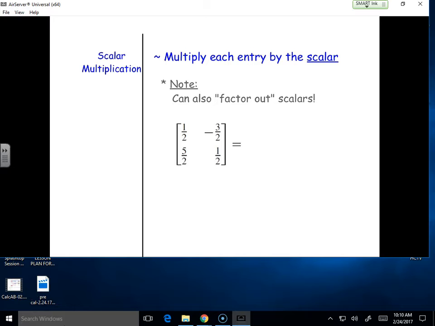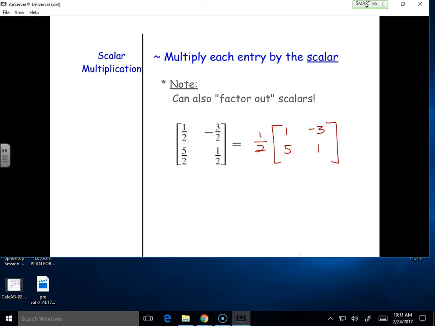For instance, in the matrix that's given to you, what would you want to factor out to make it look prettier? Yeah, a 2, but a 2 in a denominator, so a 1/2. True? What would you get left on the inside?